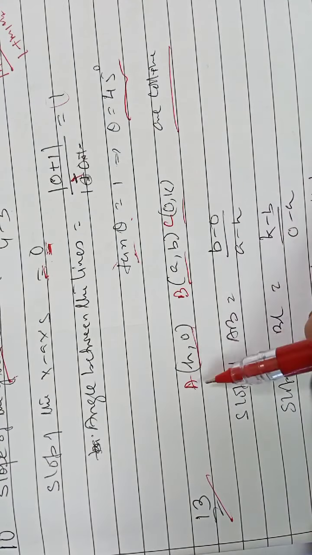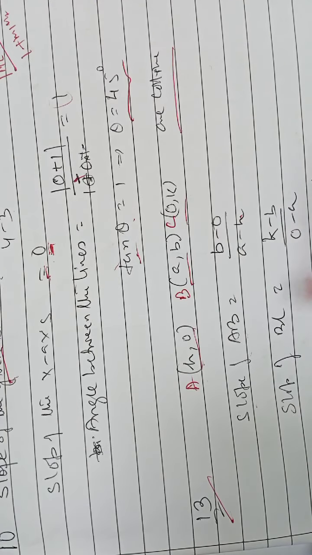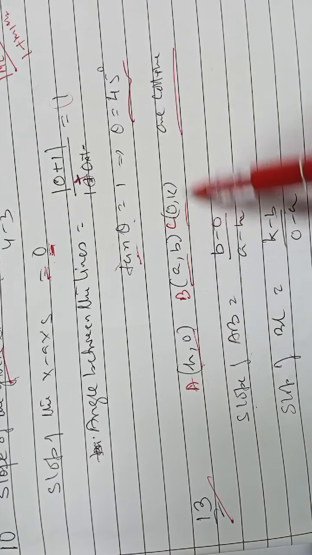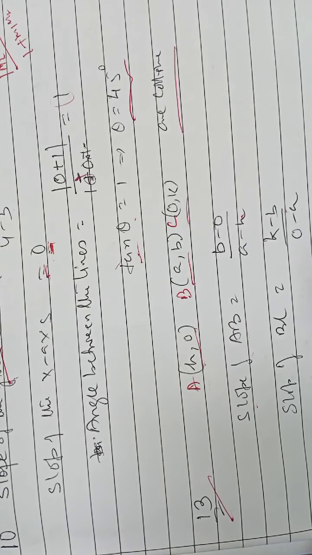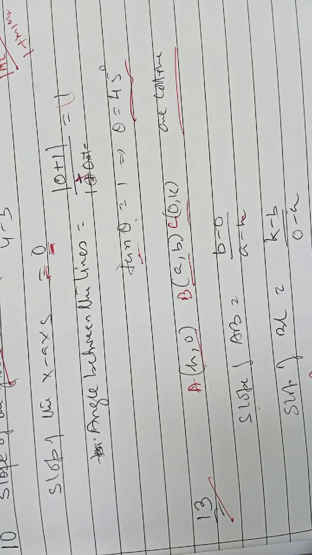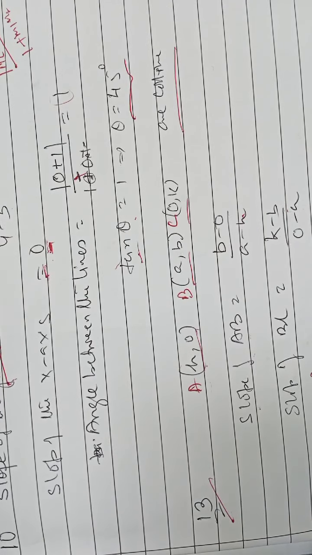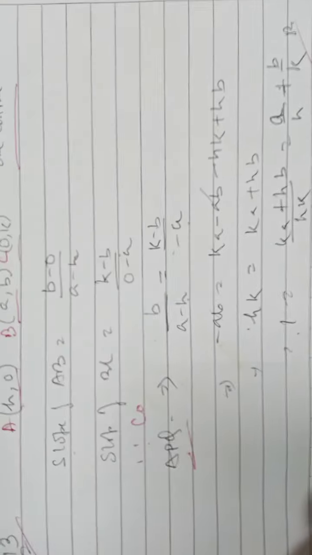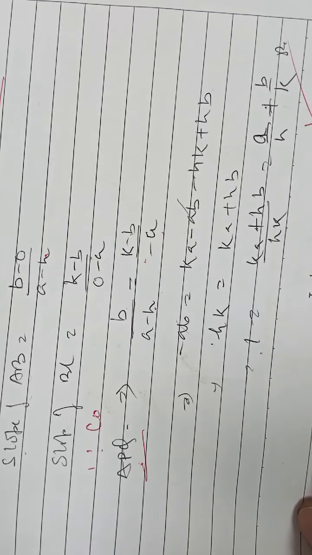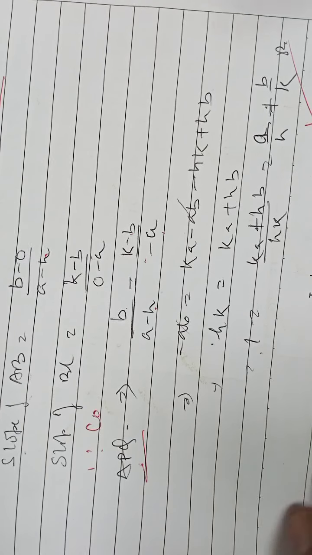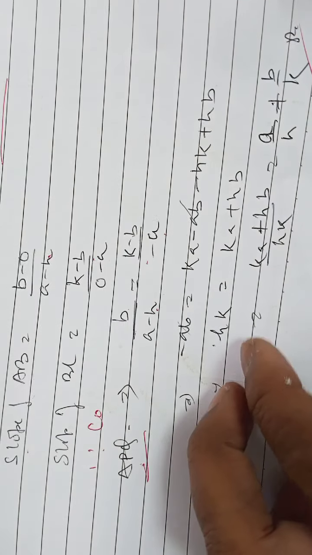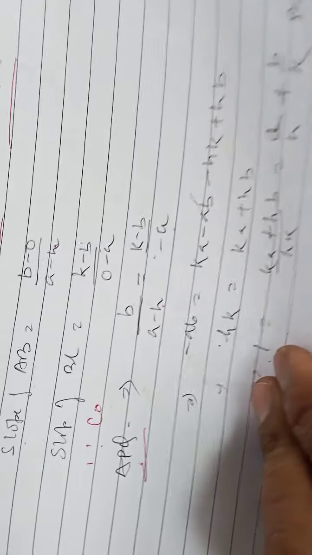If you don't give any name, then you have to write these points again and again. So the slope of AB we got, the slope of BC also we got, and since they are collinear, as per the question, this slope will be this slope. By that the relation is coming. So you complete the remaining questions of this exercise.